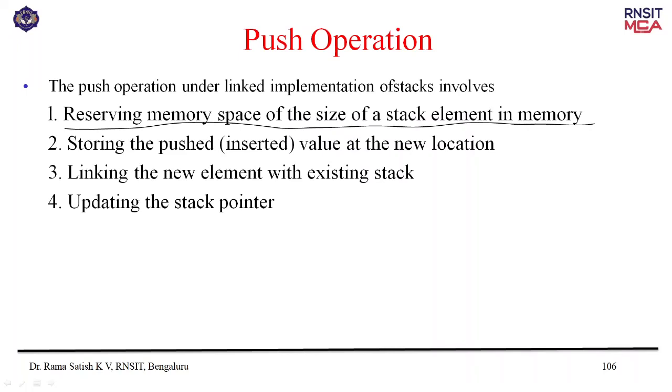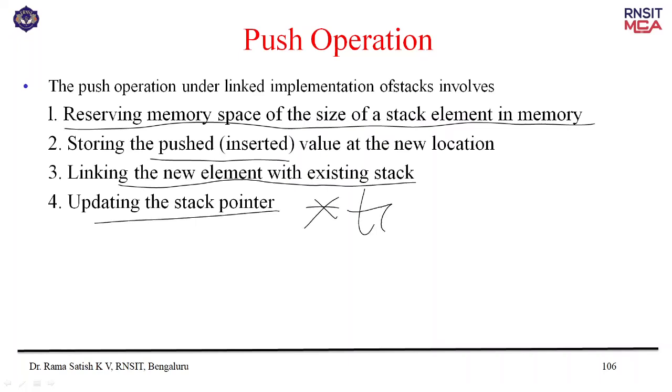Then store the pushed element, that is, insert the value into the new location, link this new node to the existing stack, and finally update the stack pointer, that is, top. So the top pointer you have to update. These are the four steps that you have to do.